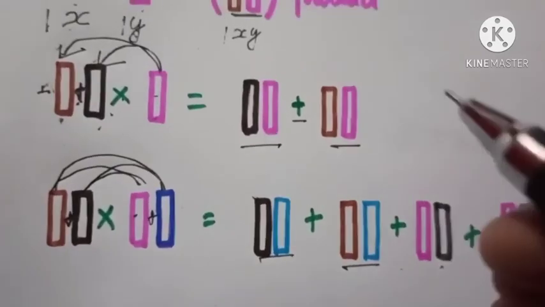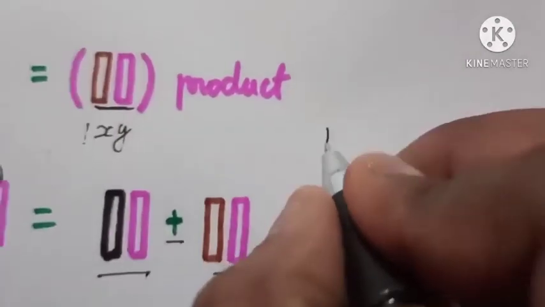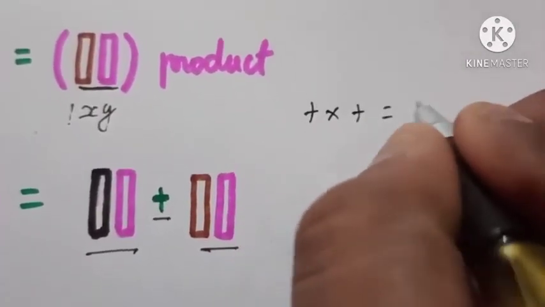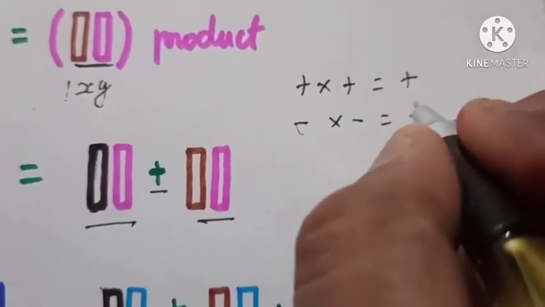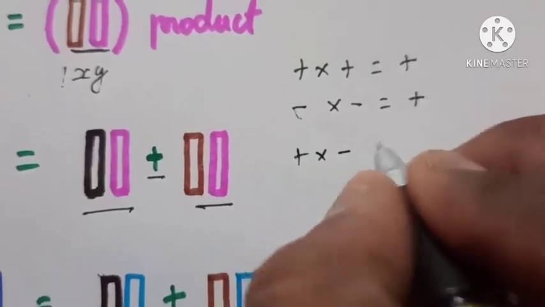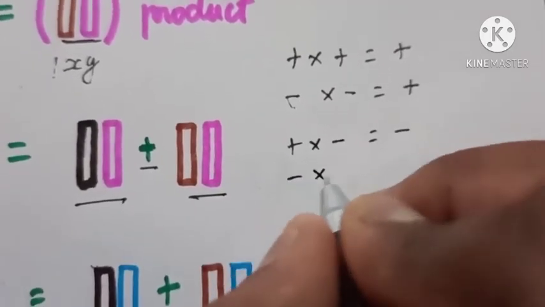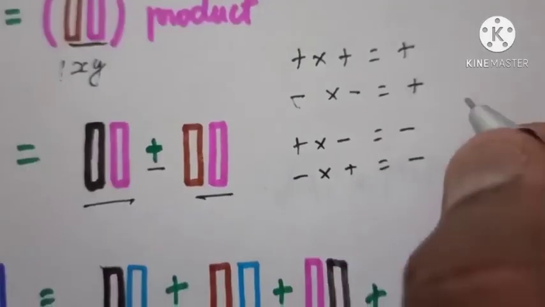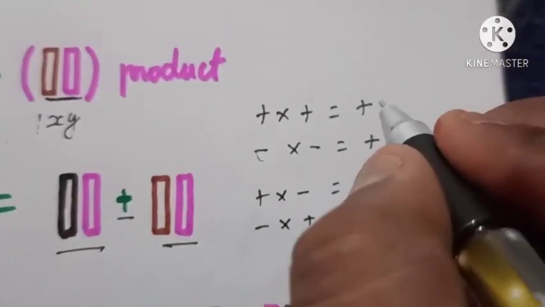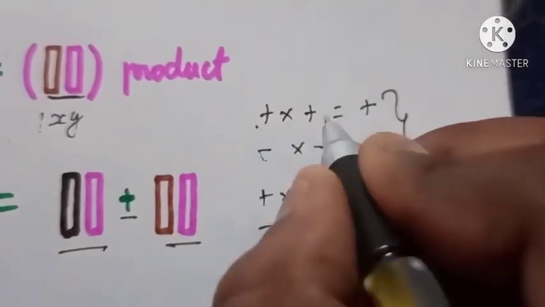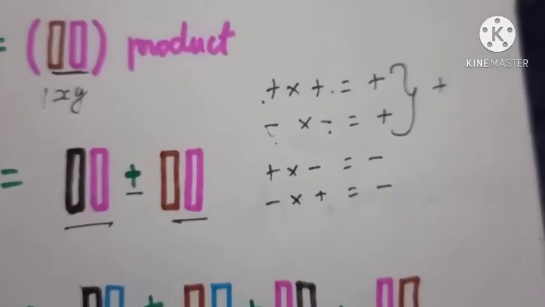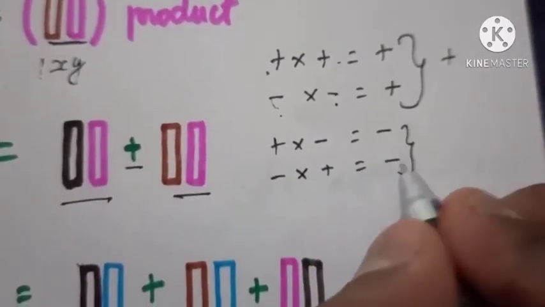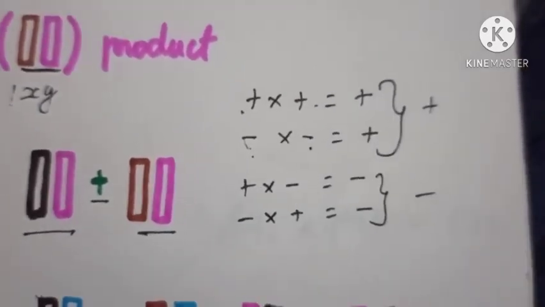You know the identities of the product: plus into plus, you get plus; minus into minus, you get plus; plus into minus, you get minus; minus into plus, you get minus. For example, the same symbol in a product gives plus as the answer, and a different symbol in a product gives minus in the answer.